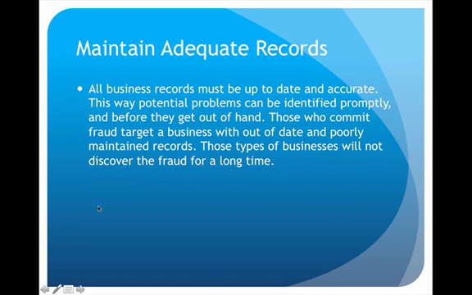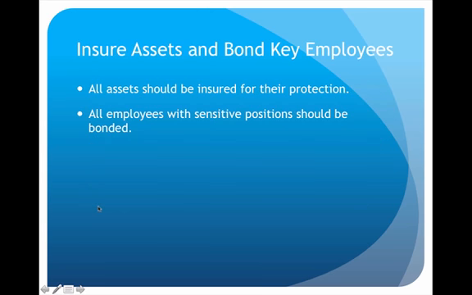In fact, a criminal or a person out there who wants to commit fraud, they actually look for businesses that have poorly maintained records. That's their ideal target, because a person that has bad records, it may be a long time before they ever realize that fraud is being committed, if they ever even realize it. So it's very important for those records to be up to date.